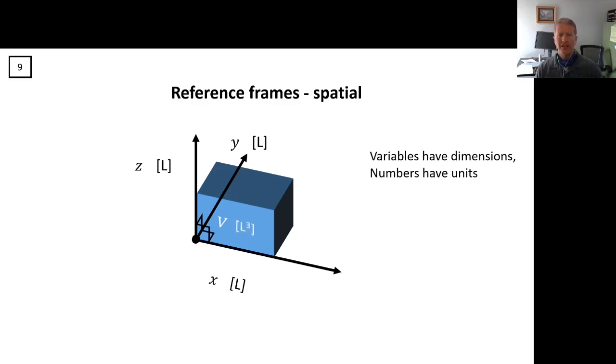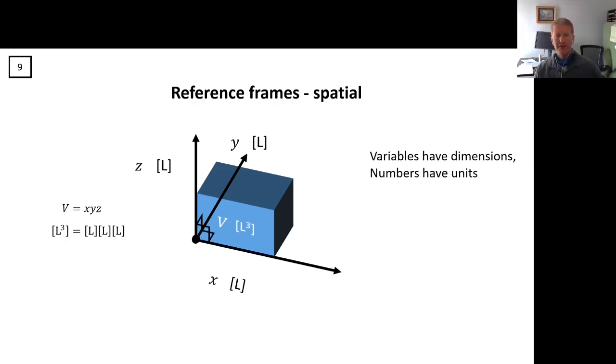We can use the same logic to derive that the volume of this rectangular prism, which is basically the product of the three lengths of its sides, is going to allow us to derive a dimensionality of length cubed for volume. So you multiply three lengths times each other. You can use the equation for a sphere to convince yourself this all works. Again, you're going to come up with length cubed as the fundamental dimension for volume here.